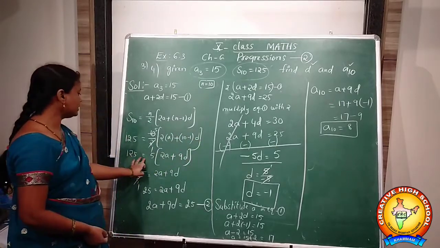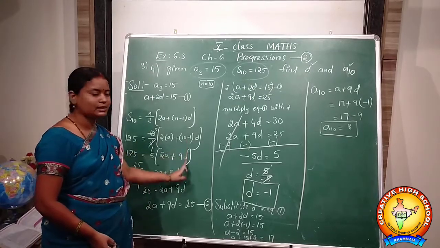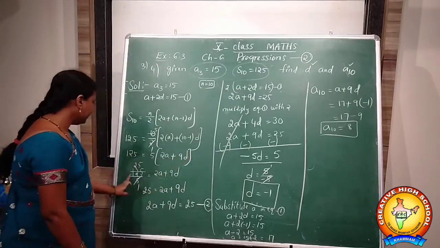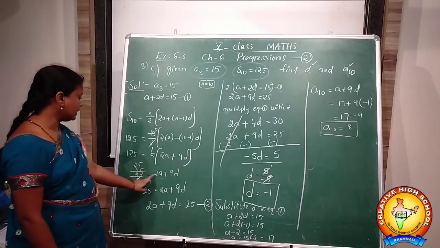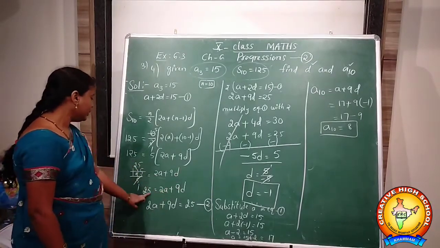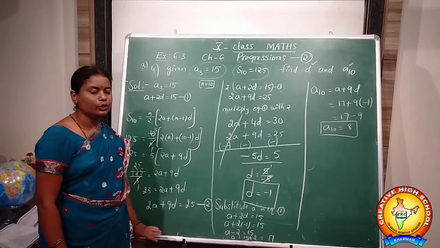So 125 is equal to 5 into 2a plus 9d. 125 by 5 is 25, so 2a plus 9d is equal to 25.